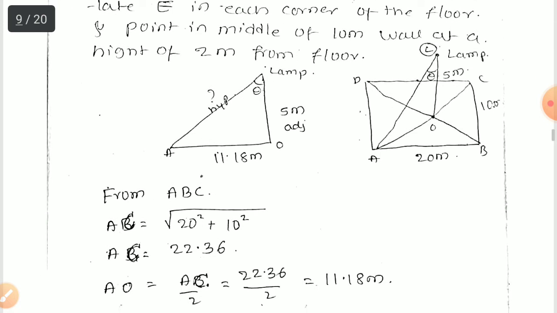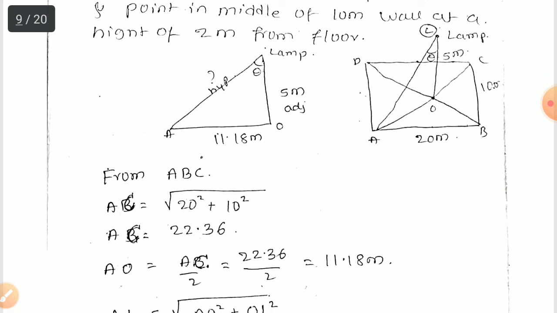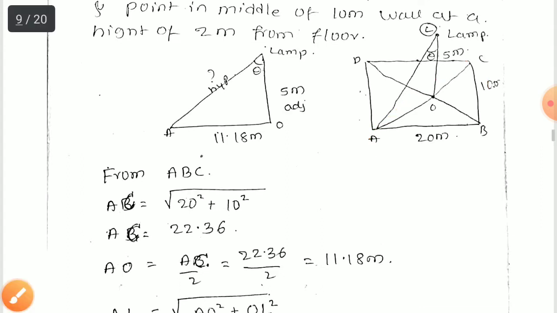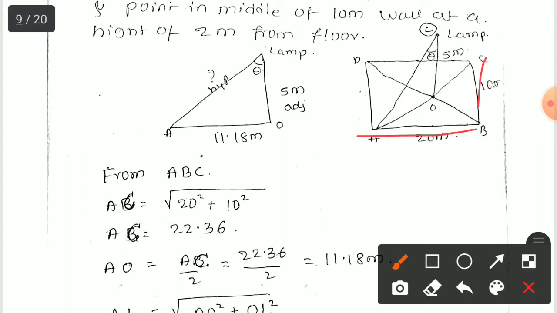Now, this is your ABC triangle. What is AC? According to the Pythagoras theorem, AC square is equal to AB square plus BC square.